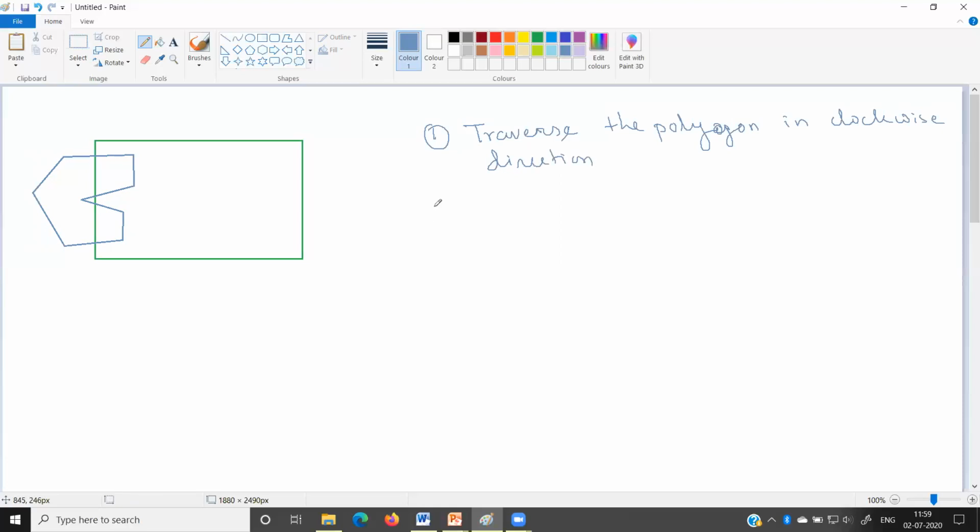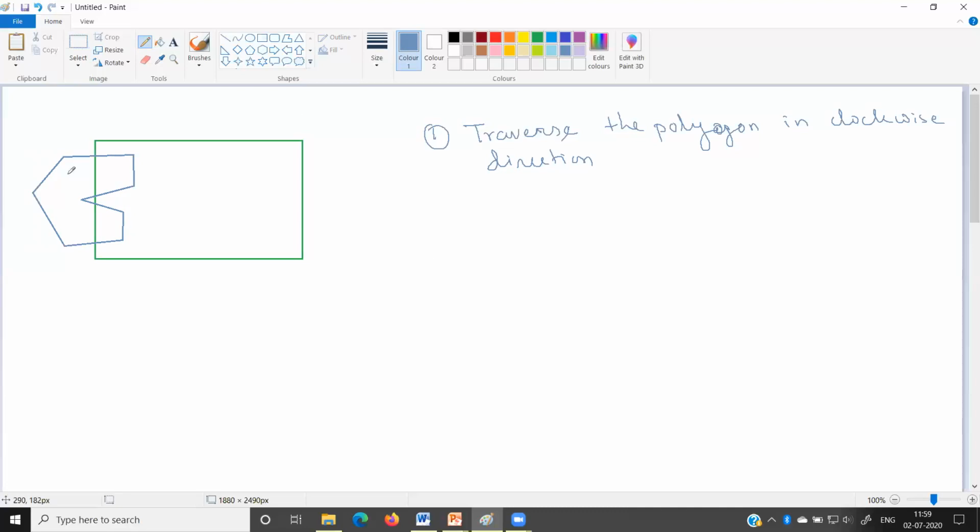Number one. Now, while you are traversing the polygon in clockwise direction, this algorithm basically works in two steps. Two checking conditions are there. The first condition is if we are moving from outside to inside.